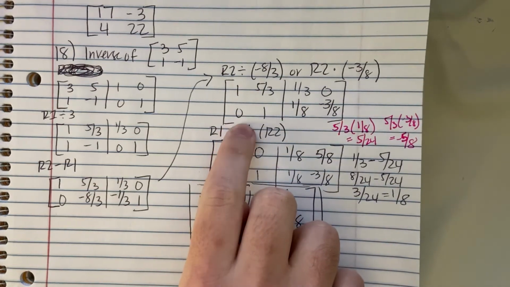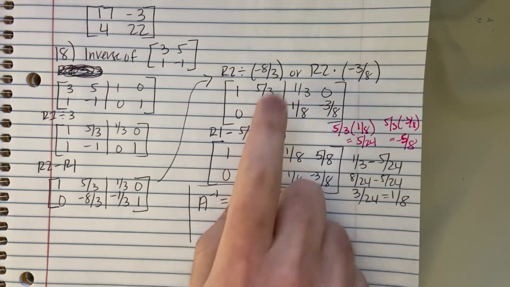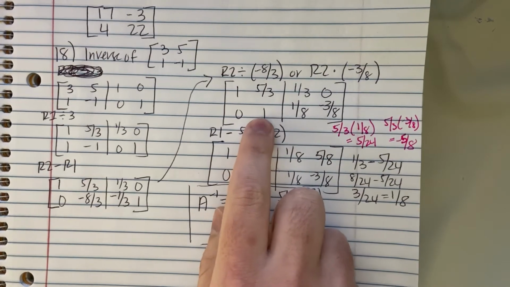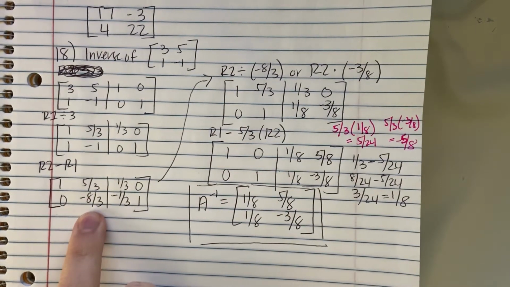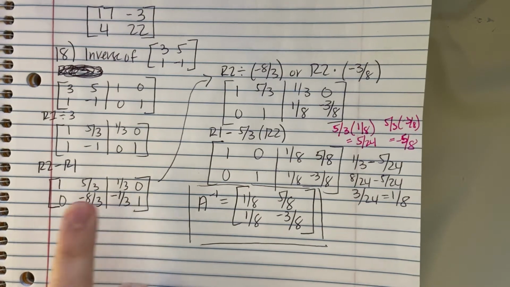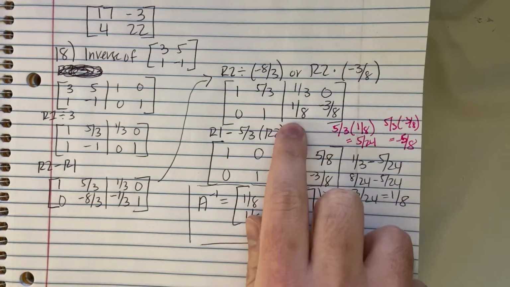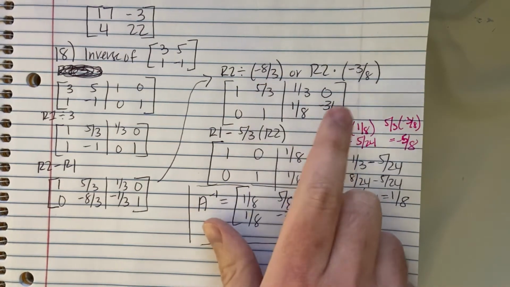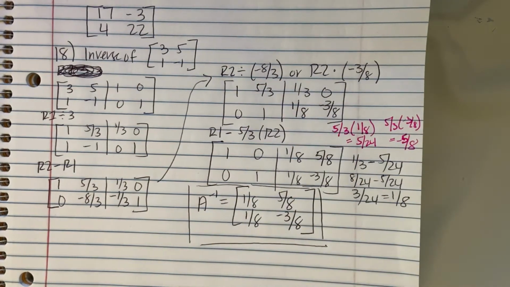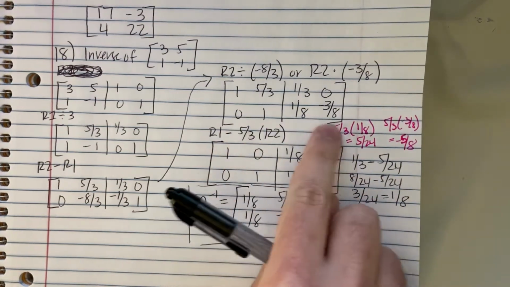So here, 0 divided by anything is 0. Anything divided by itself is 1. Now, -1/3 divided by -8/3 is the same as -1 divided by -8, which becomes +1/8. And 1 divided by -8/3 is actually -3/8. So multiplying by the reciprocal. So this whole row is done for now.